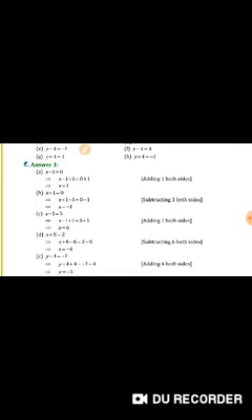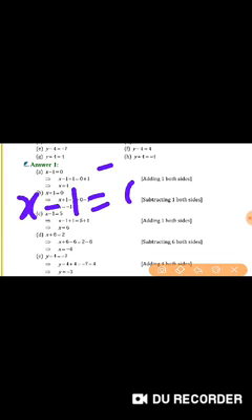Okay, first one, x minus 1 is equal to 0. We have to get the solution for the x value here. I want to remove the minus 1. To remove it, if it is subtraction, add it. If it is multiplication and you want to remove it, divide.